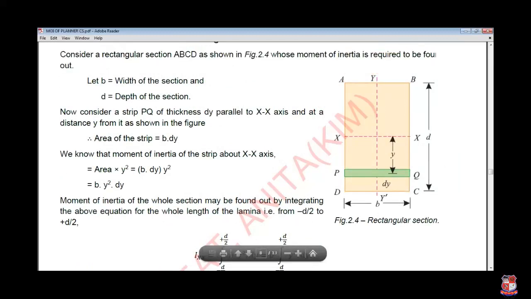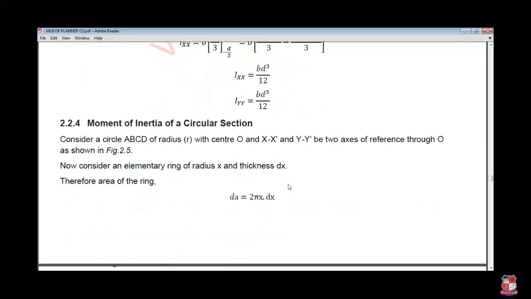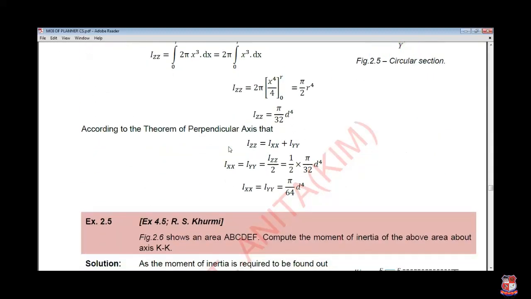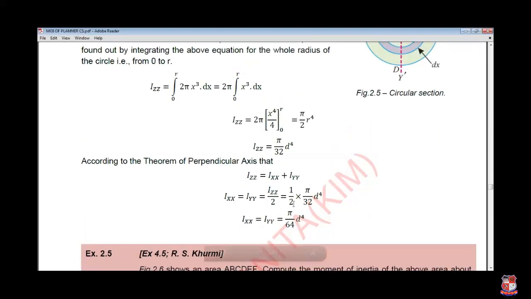So whenever we consider the vertical axis, we have to take the breadth as the cube. And the moment of inertia of a circular section, a very important point for us, is I_xx equal to pi by 64 d raised to 4. Generally we have to remember all these formulas for our examples.